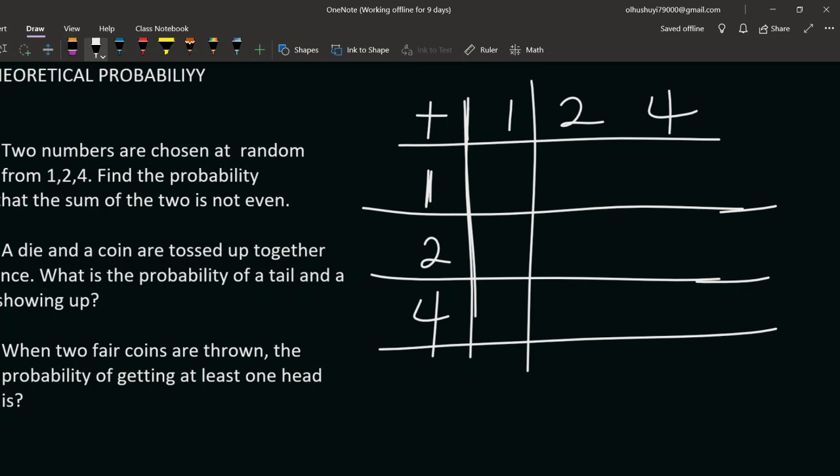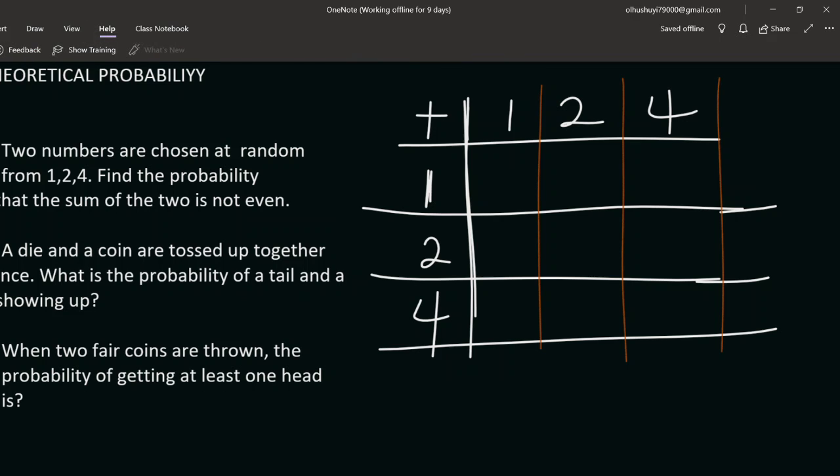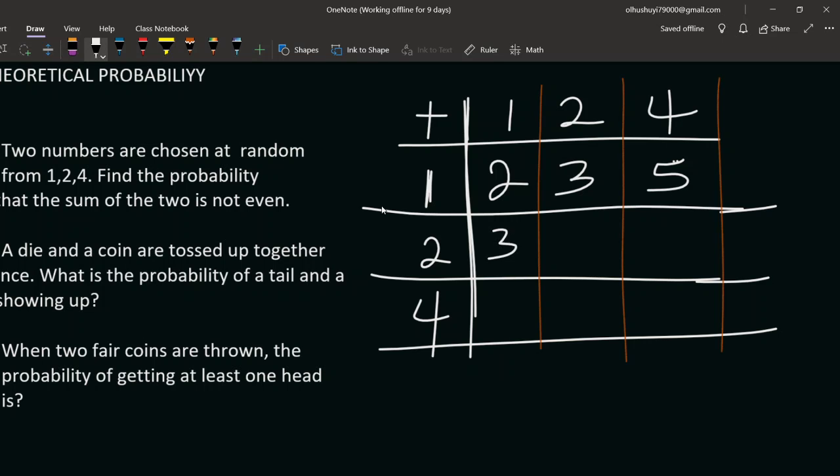So let's go back to our work. 1 plus 1, 2. 1 plus 2, 3. 1 plus 4, 5. 2 plus 1, 3. 2 plus 2, 4. 2 plus 4, 6. 4 plus 1, 5. 4 plus 2, 6. 4 plus 4, 8.